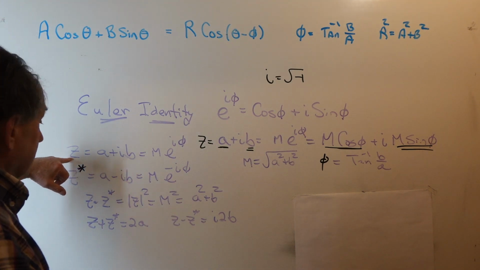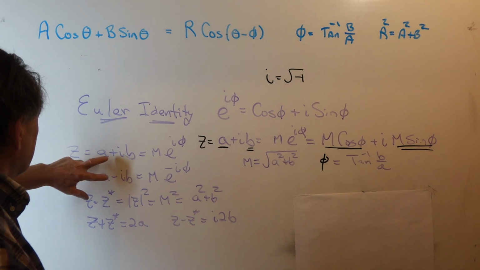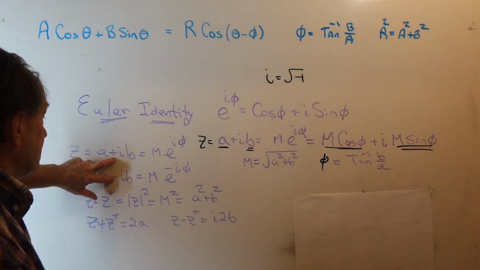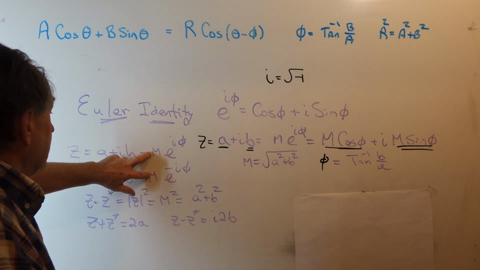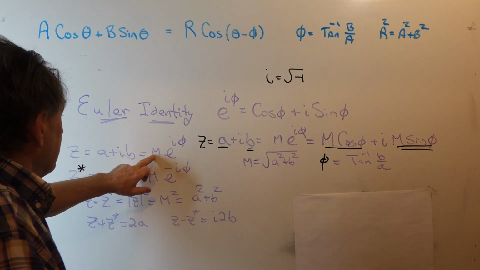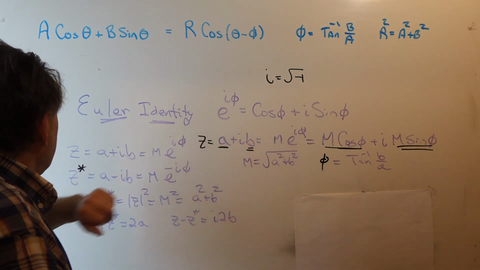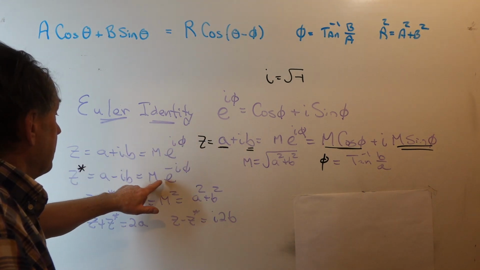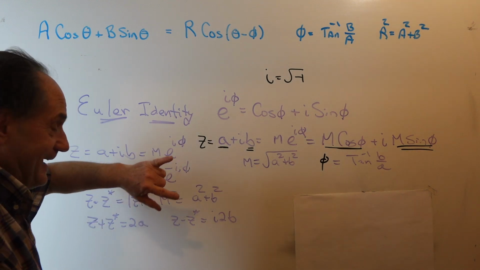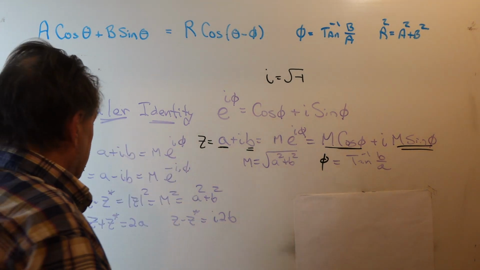A complex number and its conjugate are just opposite in sign on the imaginary parts, and if we write it in exponential or polar form, if z is M e to the i phi, then z conjugate is M e to the minus i phi. The phase angle gets negated.